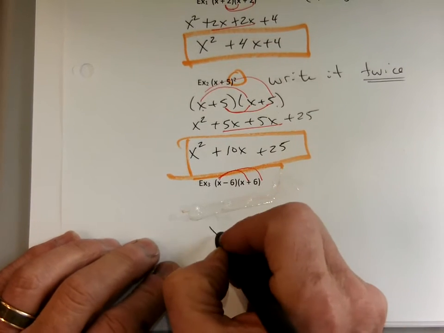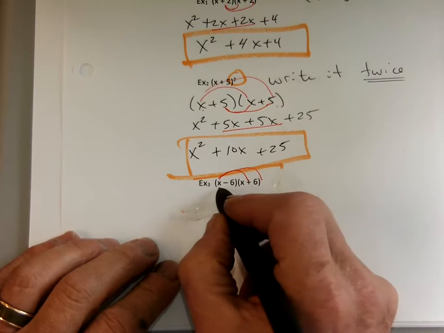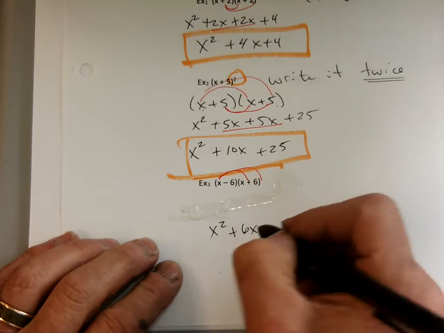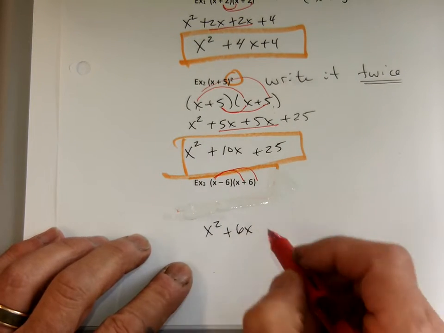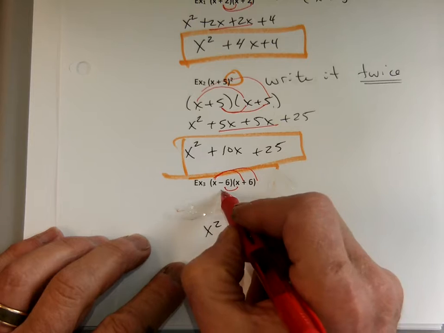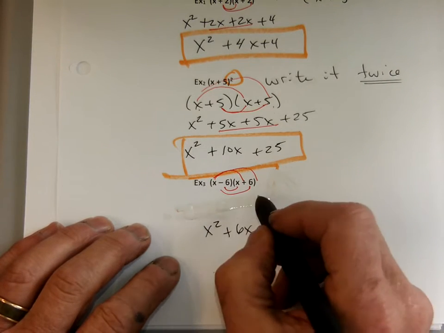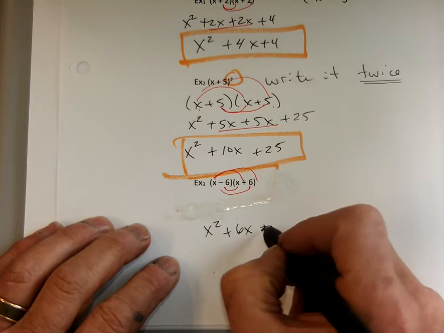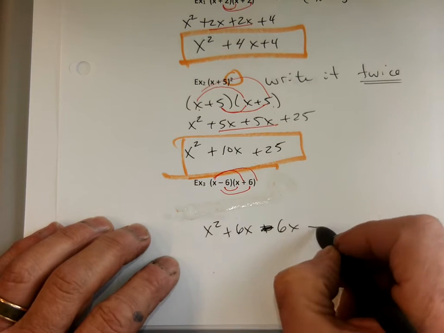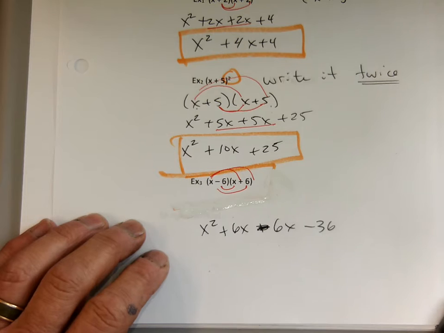It's going to give me an x squared plus 6x, right? And then negative 6 times x and negative 6 times a positive 6 is going to give me a negative 6x and a negative 36.